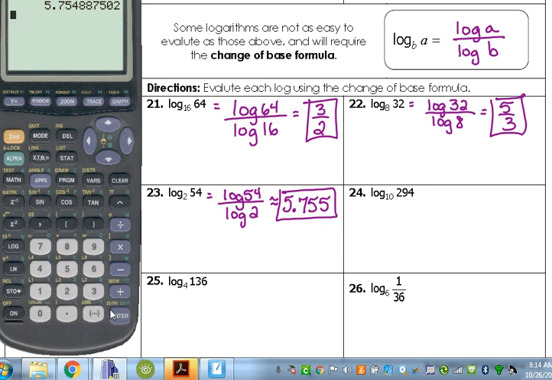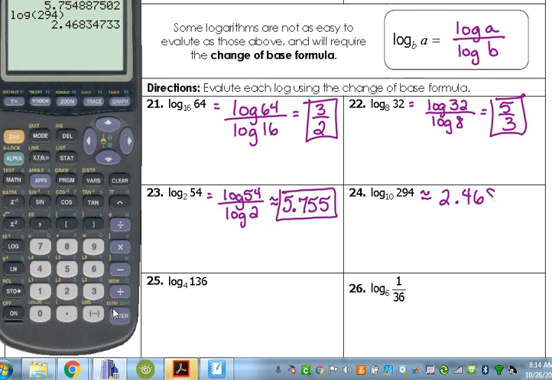Now, 24. They put the base of 10, which I told you most of the time you're not going to see. But they put it there to make you think you have to do change of base. You really don't have to do change of base with number 24, because the base on the calculator is base 10. So all you have to do is type in the log of 294.